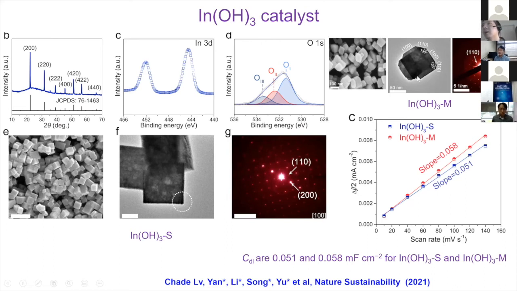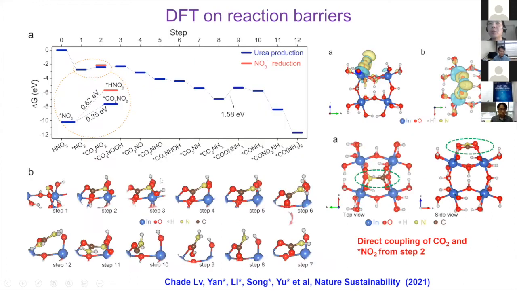So that's why this kind of catalyst shows less conversion efficiency. And these 2 kinds of catalysts show similar electro surface area. By doing the modeling DFT calculation, we realized that the key step right here is the second step, the nitrogen and the carbon linkage, which is the key to determine the selectivity.